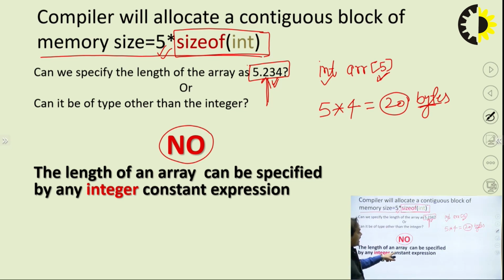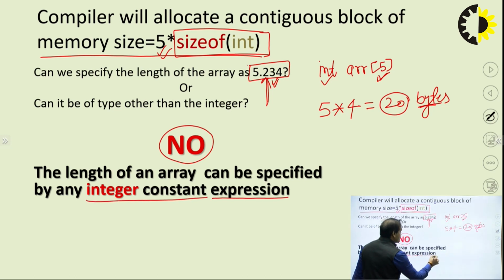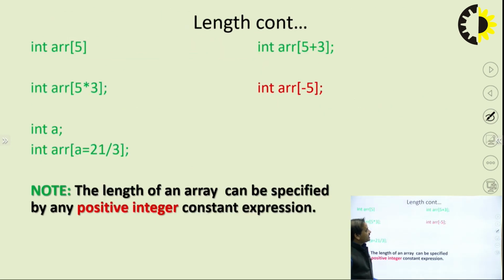The length of the array can be specified by any integer constant expression. It may be an expression, but the value of the expression must be an integer, not decimal, not character types.